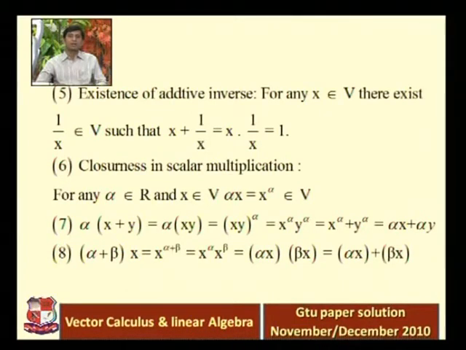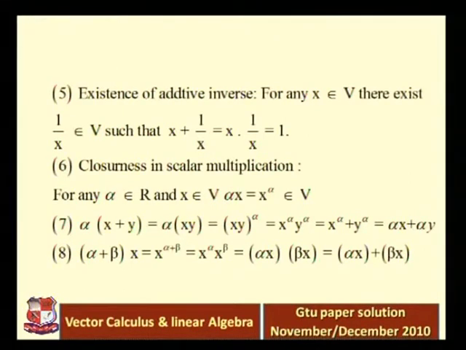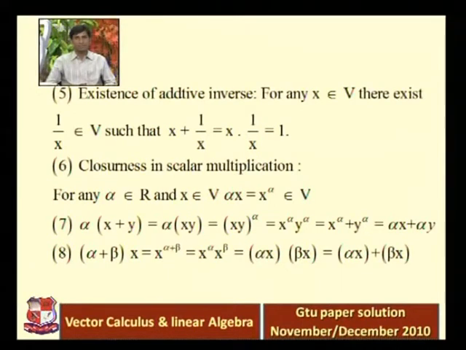Now try to prove the next condition, that alpha plus beta into x is equal to alpha into x plus beta into x. So alpha plus beta into x is equal to x raised to alpha plus beta, because alpha and beta are real numbers, so alpha plus beta is also a real number. X is a vector belongs to V, so we use the definition of scalar multiplication: alpha plus beta into x is equal to x raised to alpha plus beta.